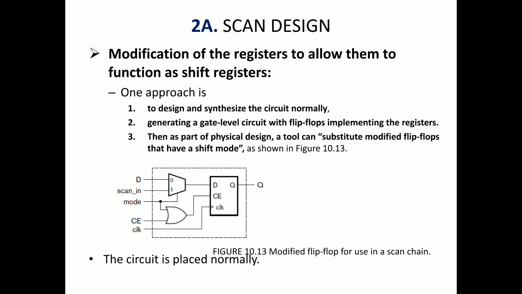Then we saw advantages also. We observed that a single flip-flop is modified into multiple flip-flops, meaning the circuit area has increased, right? A single flip-flop has increased in area now. This is a disadvantage. We shall see the disadvantages of this method also.